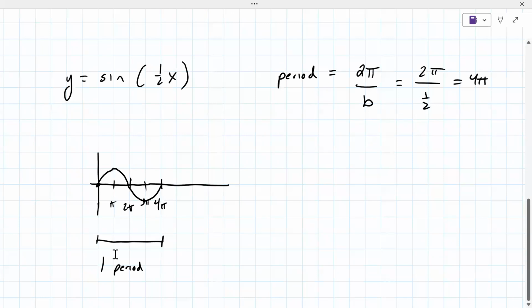Is that okay? Yeah. Now your book and some teachers on exams, they say 2 periods. So you basically repeat what you just did. You just go out another period, which in this case is 8 pi, because it's 4 pi plus 4 pi. You have to find the midpoint again, 5 pi and 7 pi, the next midpoints.